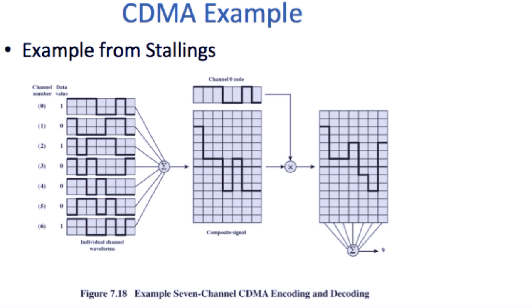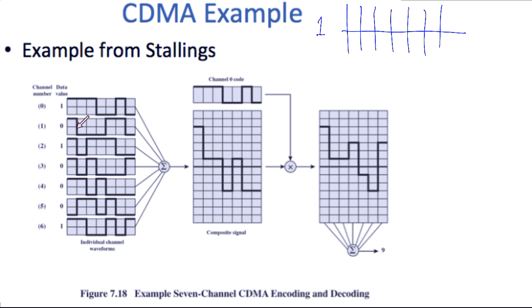So the actual spreading code for channel 1 looks like this. Let's try that again. Here's channel 1's spreading code. And it's going to be the opposite of what we see here.